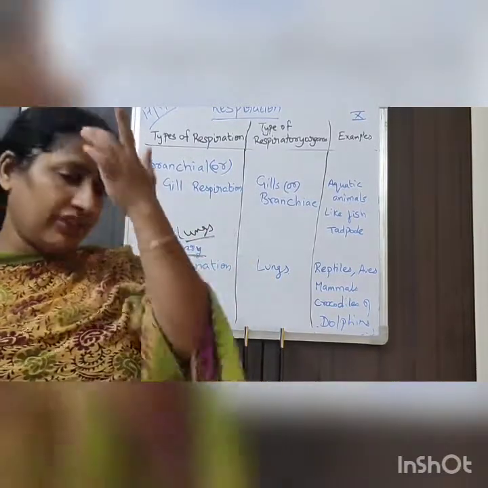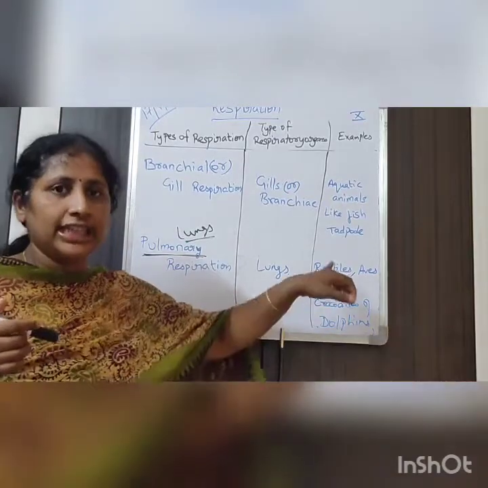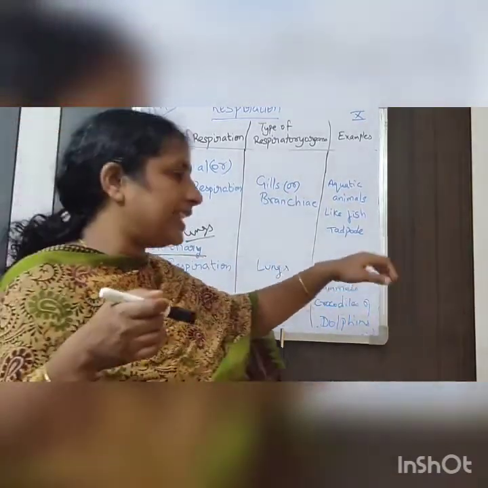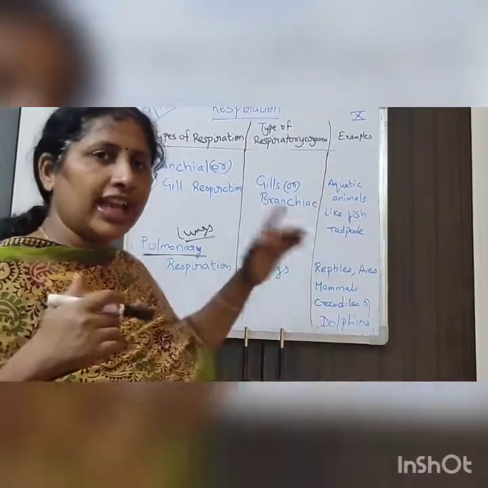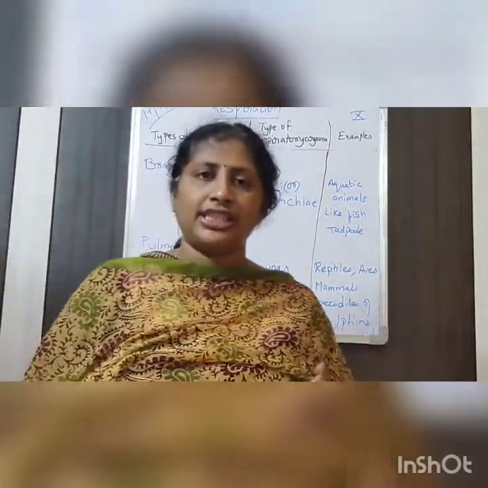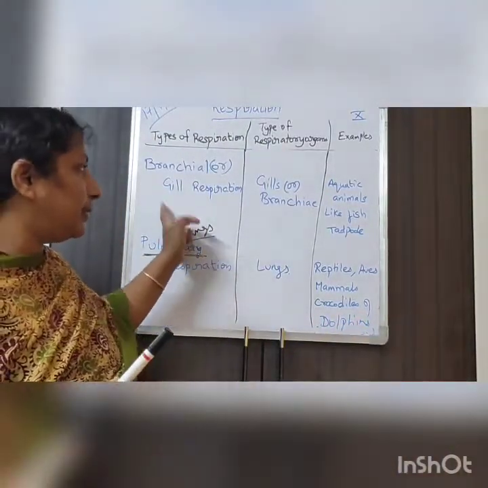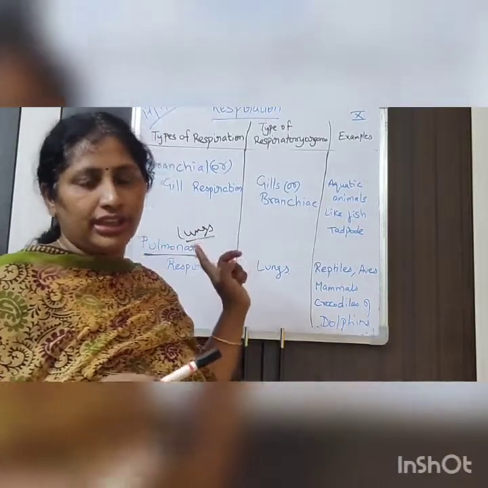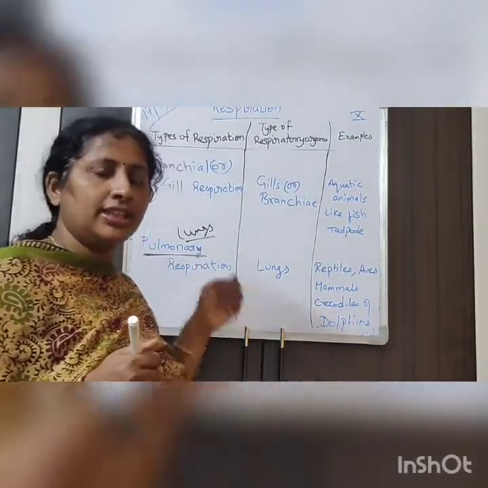For 1 mark questions: pulmonary respiration is seen in which organisms? Reptiles, aves, mammals, dolphins, crocodiles. Or they will ask the reverse: in aves, which type of respiration is seen? Pulmonary respiration. This is very important. In tadpoles, what type of respiration occurs?